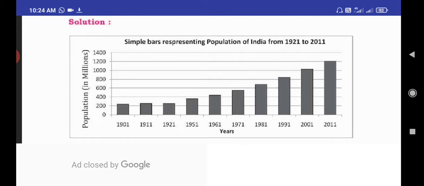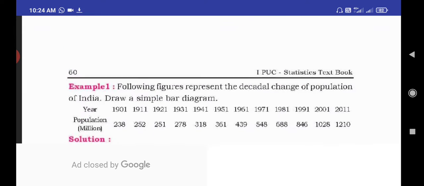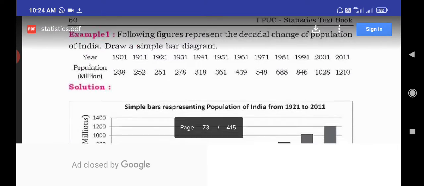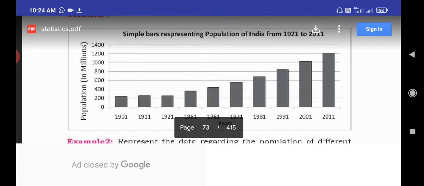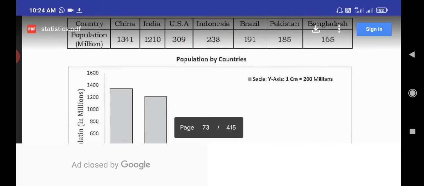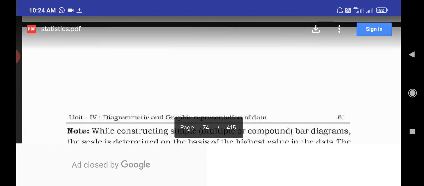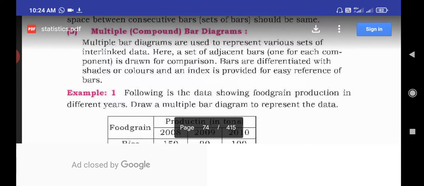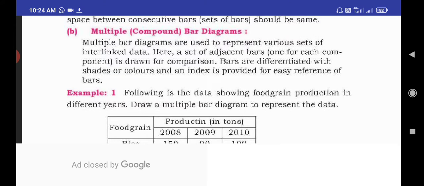This is the best example for simple bar diagram. Here width is there, length is there. Every year we are creating one simple bar. Okay students, this is the best example for simple bar diagrams. Next, the second one is multiple or compound bar diagrams.